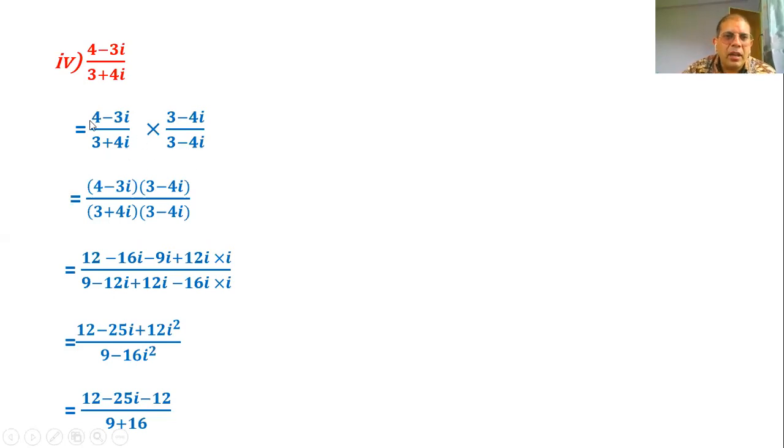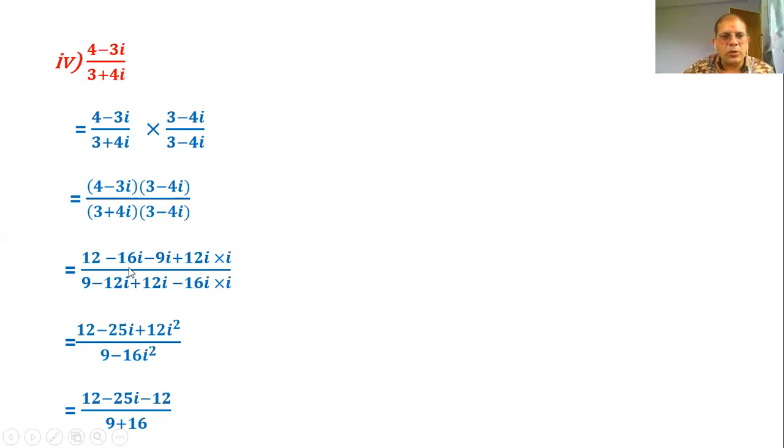Upper, numerator, you should multiply these two: 4 times 3 is 12, 4 times 4 is 16, 3 times 3 is 9. Like this way you can multiply. And down, it is a plus b, a minus b, so you can use a square minus b square.